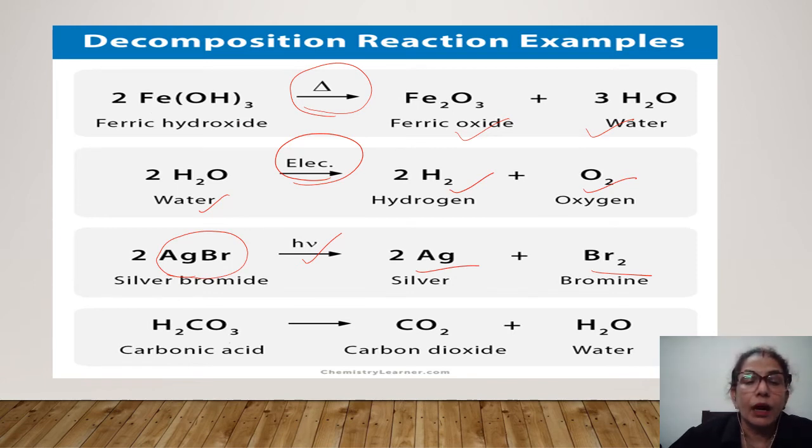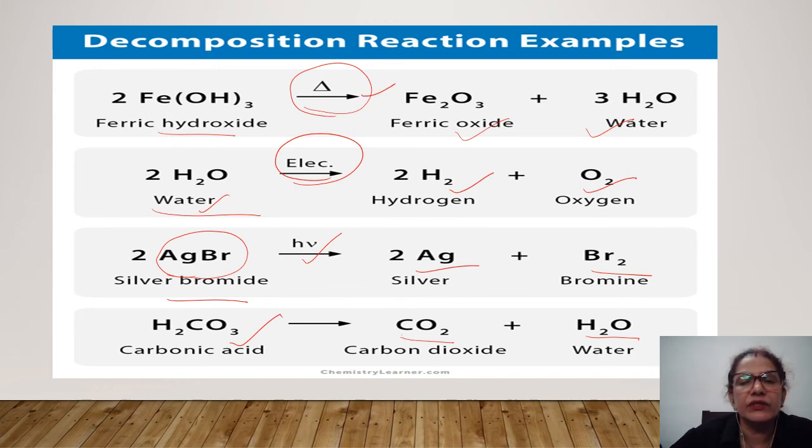So it is decomposing into silver and bromine. Then carbonic acid gives carbon dioxide and water. So these are the decomposition reactions. A single substance is decomposing, breaking down into two or more substances, so it is known as a decomposition reaction.